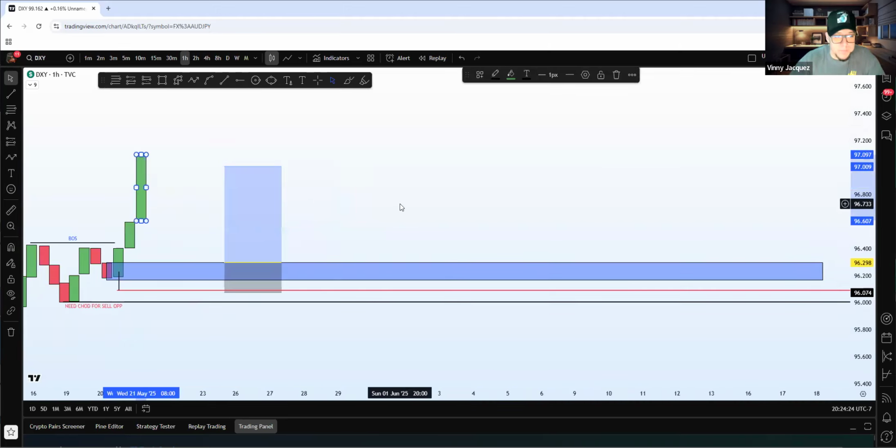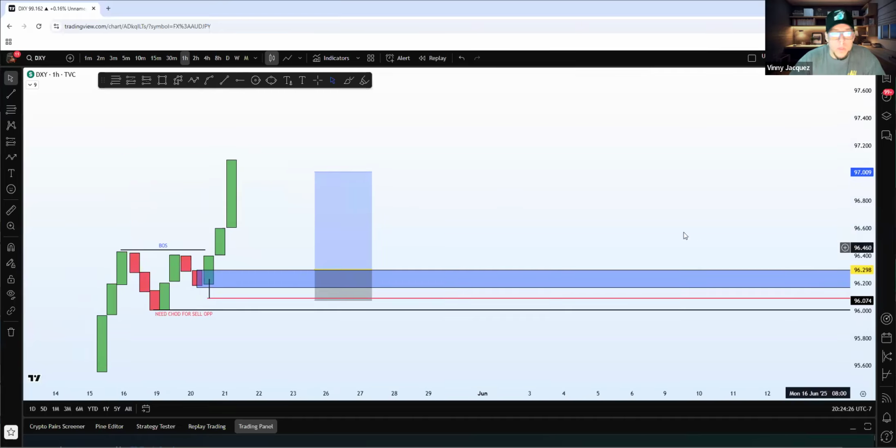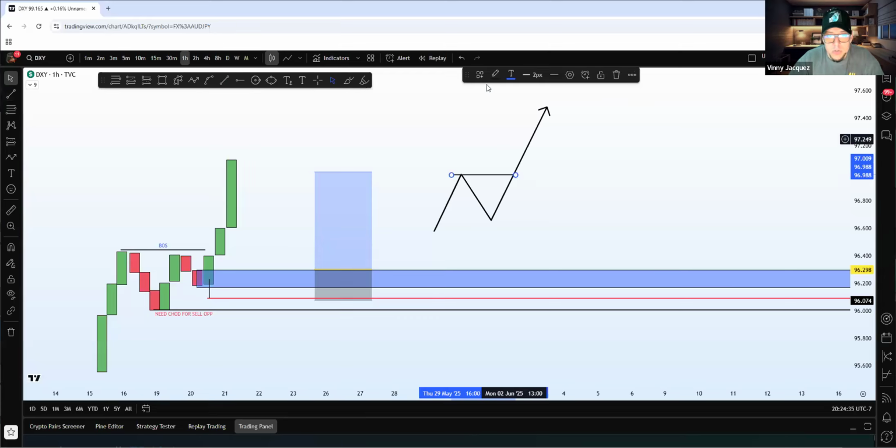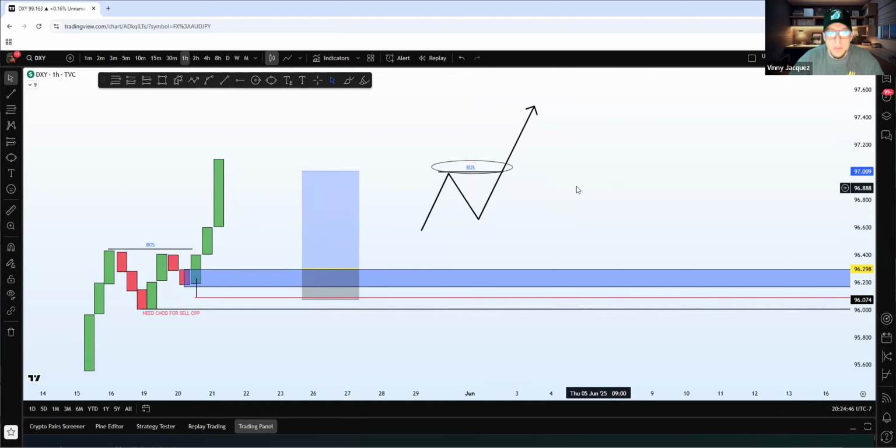Now, this is the thing, right? When the market is bullish, we focus on the blue break of structure. This blue break of structure lets me know that we're looking for buys and we're continuing the trend, right?